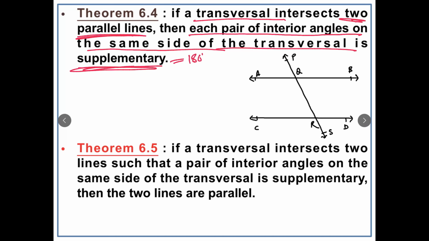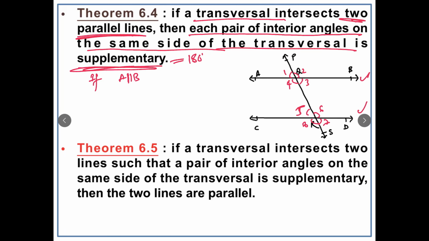Okay, so let's name the angles first: 1, 2, 3, 4, 5, 6, 7 and 8. It is saying that if a transversal intersects parallel lines, that means these two lines are parallel.